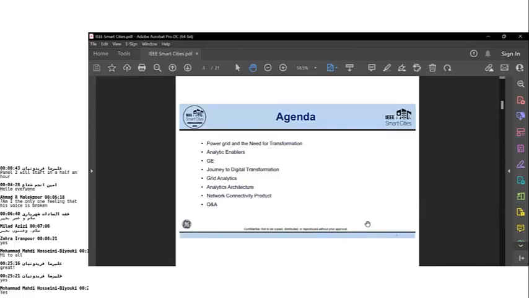A little bit more about GE and its footprint in the grid, followed by GE's vision for transforming to a digital grid. Moving on, we'll talk about GE's grid analytics team, the three products at high level, and the overall analytic architecture. Then we'll dive into the network connectivity product, discussing more details about the problem at hand, why it is important, what methods have been used to solve it, and so on. And we'll wrap up with Q&A, hopefully. Next slide, please.